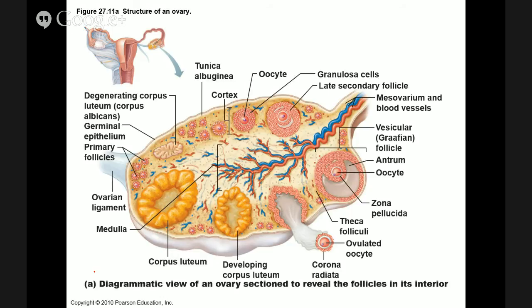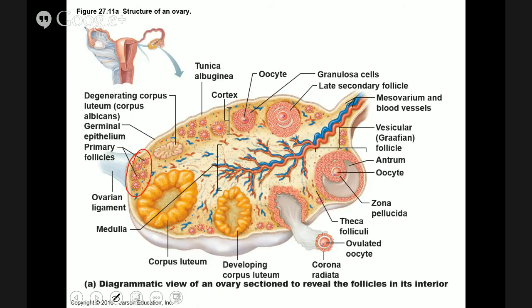What we have, first of all, are these primary follicles. These are the eggs, so to speak, that the female is born with, and the ovary is loaded with these. What's going to happen is one of these eggs is going to be selected, and it's going to be coddled and cared for, and it's going to start to develop and get larger.